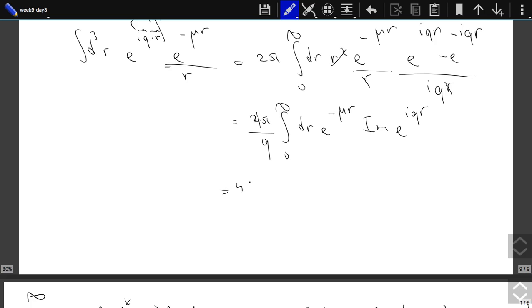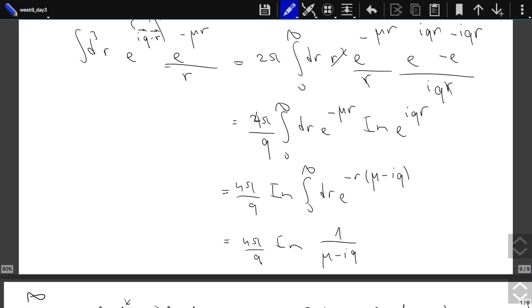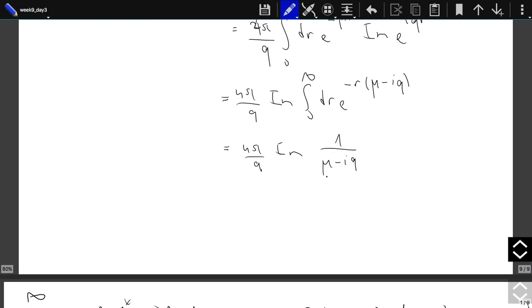This is equal to 4 pi over q times the imaginary part of the integral from 0 to infinity of dr e to the power minus r times (mu minus iq). If you evaluate that integral, you get the imaginary part of 1 over mu minus iq, which is 4 pi over q times the imaginary part of (mu plus iq) divided by (mu squared plus q squared).